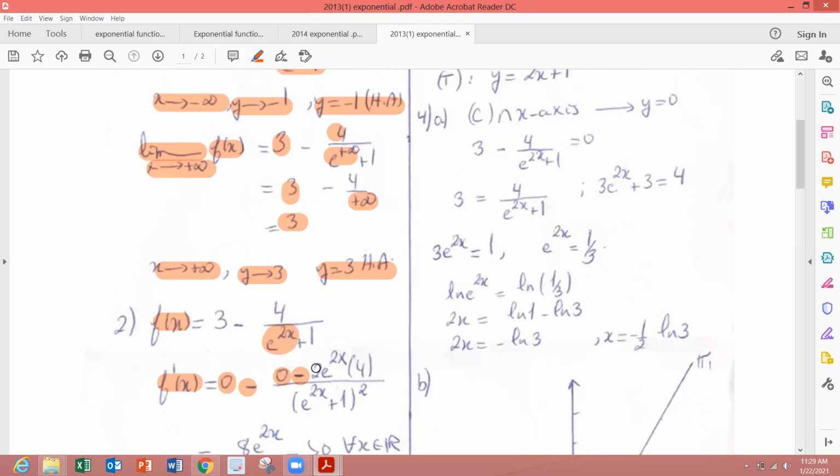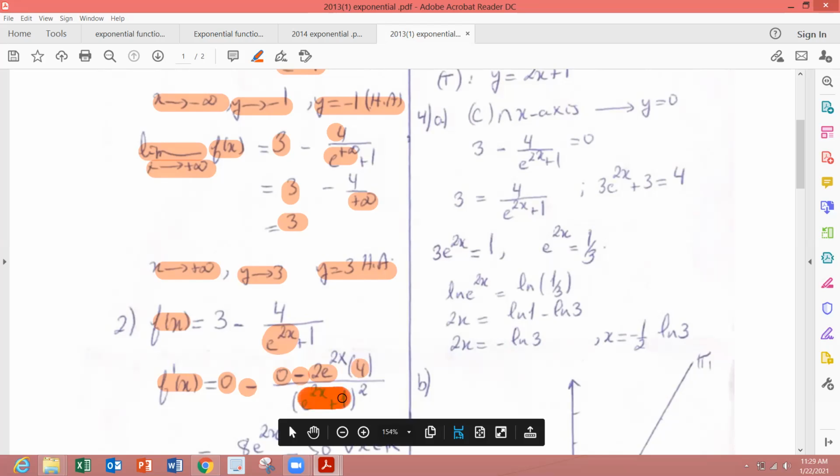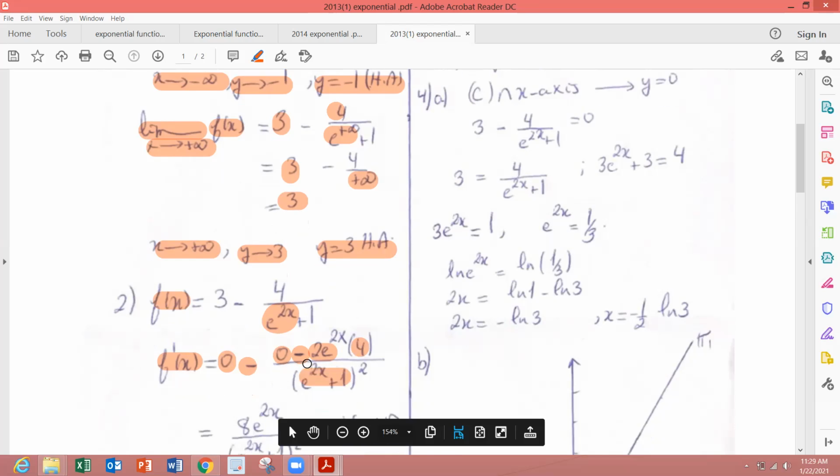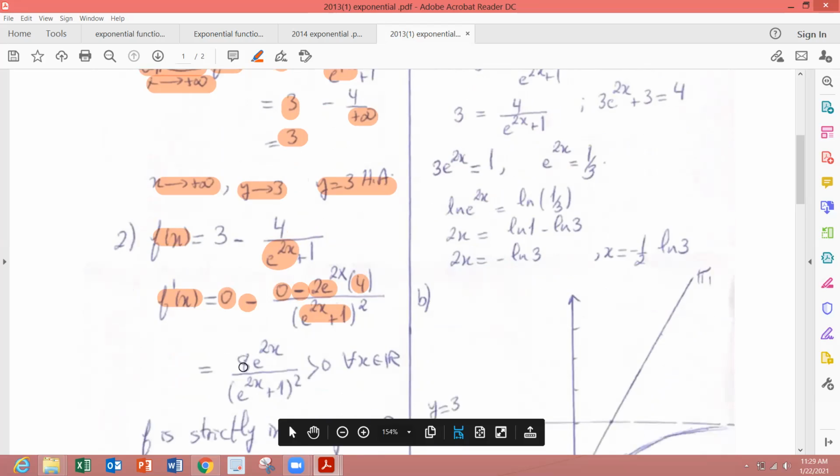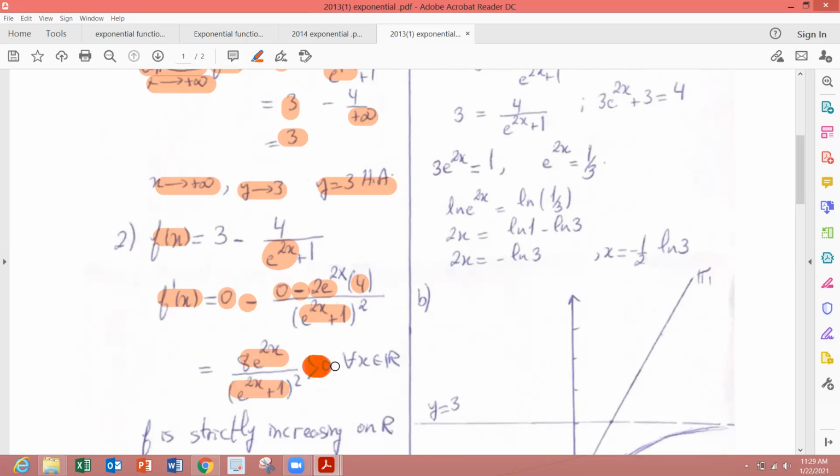Derivative of 2x is 2. Then it becomes 2e power 2x times u, which is 4, over v squared. Minus times minus is plus 8e power 2x over e power 2x plus 1 squared, which is positive for all x belonging to R.